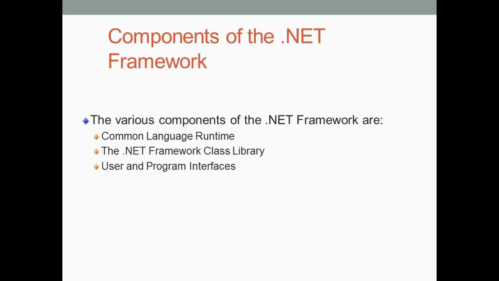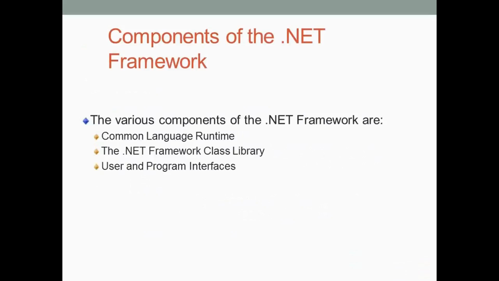If we want to interoperate from one language to another, the .NET Framework gives us a feature whereby code written in VB.NET can directly communicate with code written in C#. How come? Because VB and C# are different languages, but because of the common language specification, our code can be understood. There is a possibility that one developer in an organization, developer A, has very good knowledge of VB.NET, and another developer has C# or maybe J# or C++.